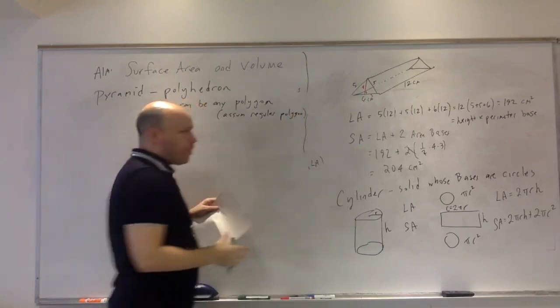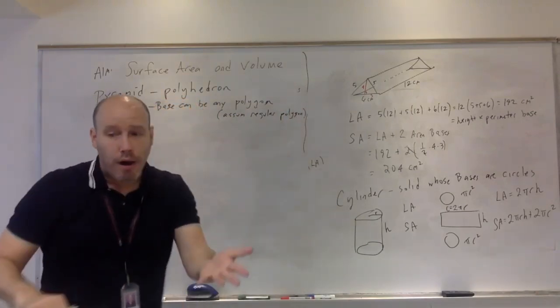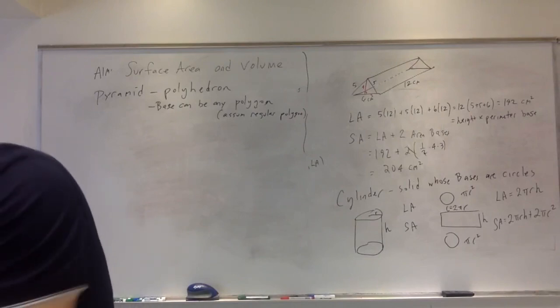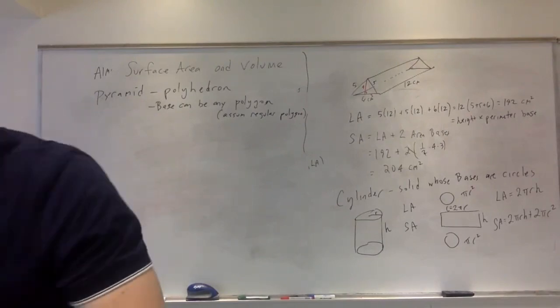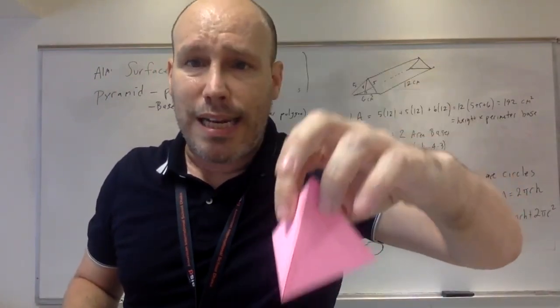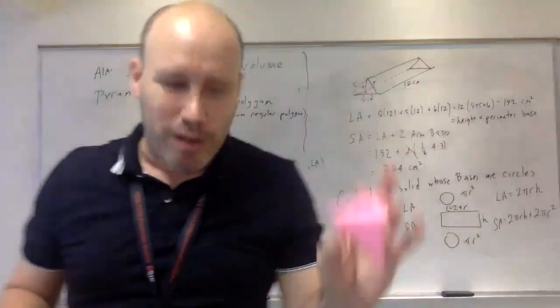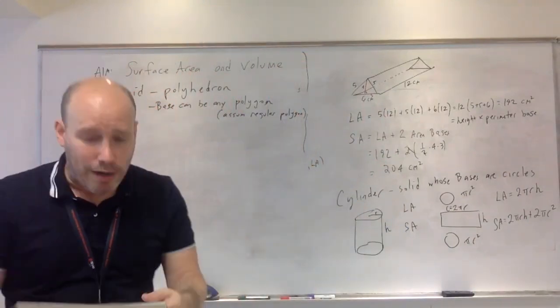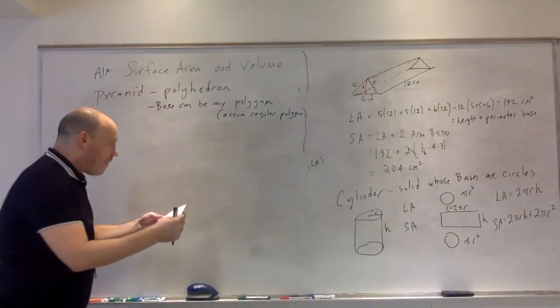Just assume there's a square base, or, for example, this is a tetrahedron, so it's an equilateral triangle base. Once again, assume your base is a regular polygon.